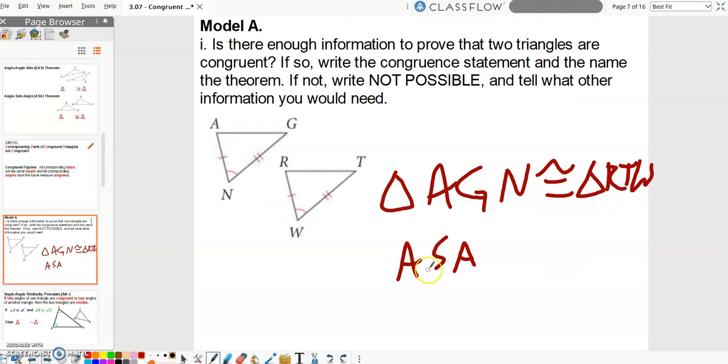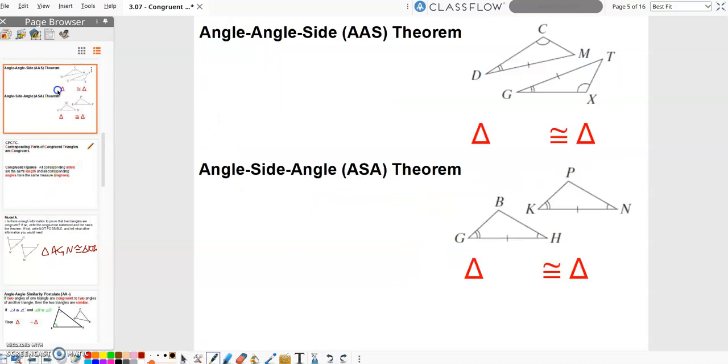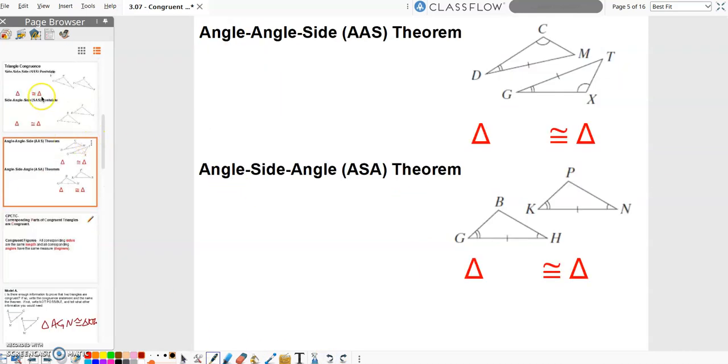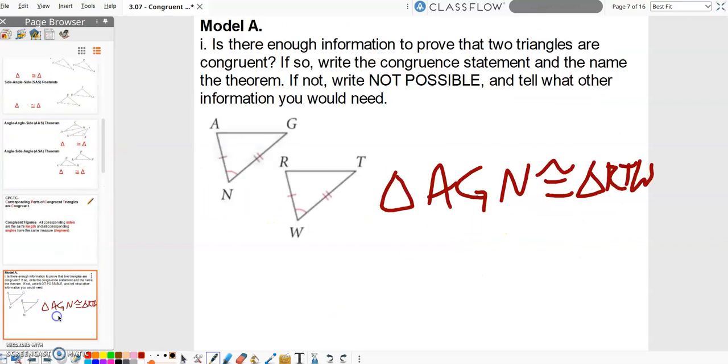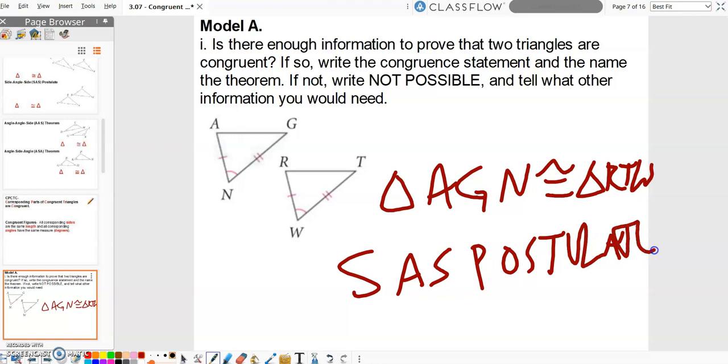Sorry, it's not angle, side, angle. That's wrong. It's side, angle, side, which is right here. Side, angle, side postulate. SAS. There we go.